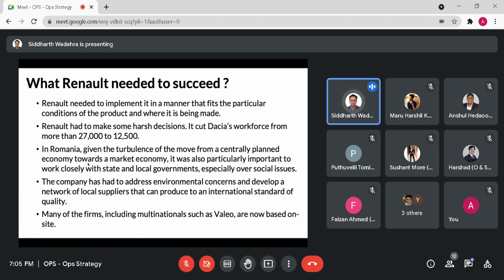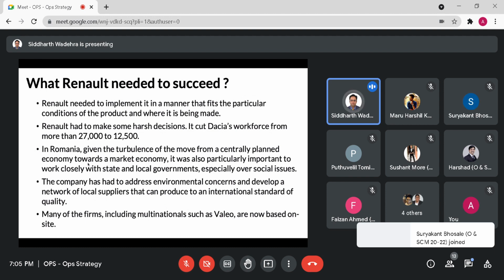These are the official numbers, but I'm sure the impact was much larger than just these numbers. And we looked at how some of these people were trained to pick up other roles which were beyond just the plant operations they were initially engaged in at Dacia.